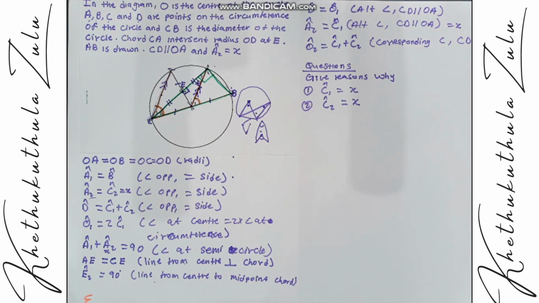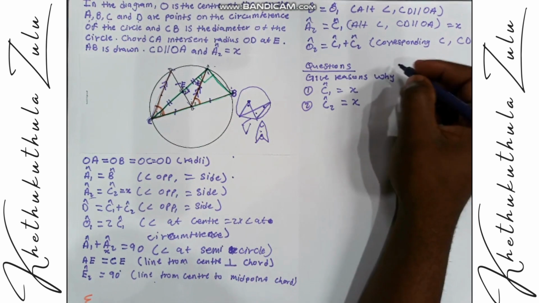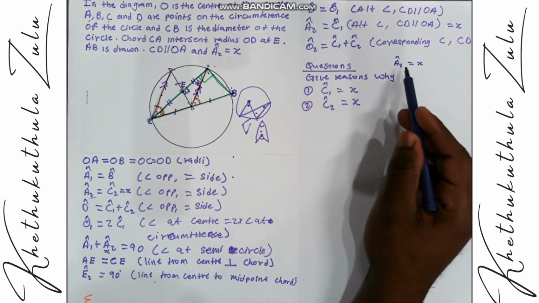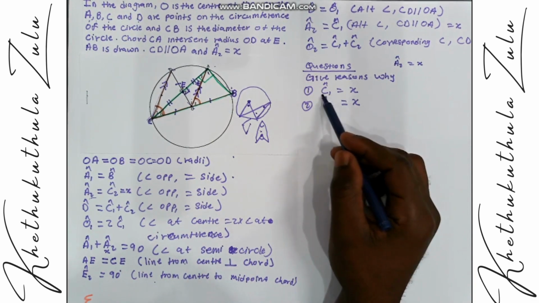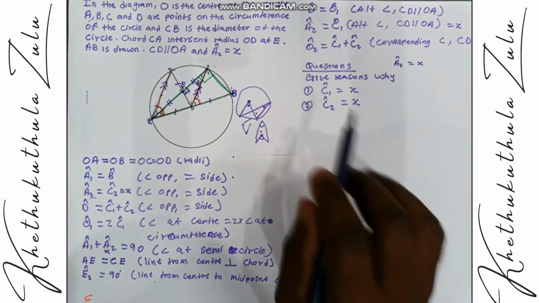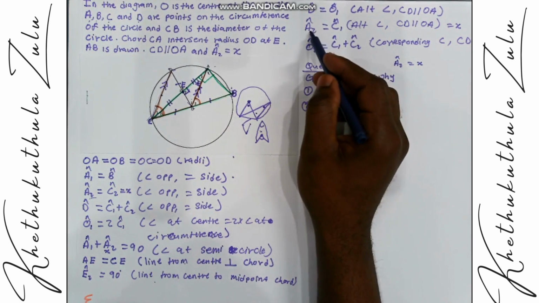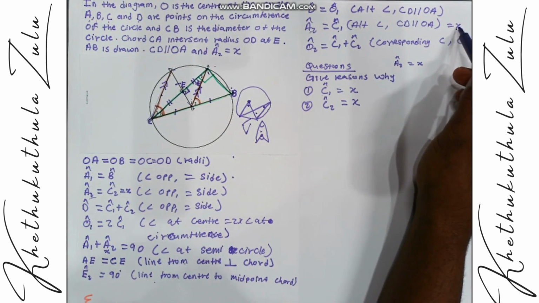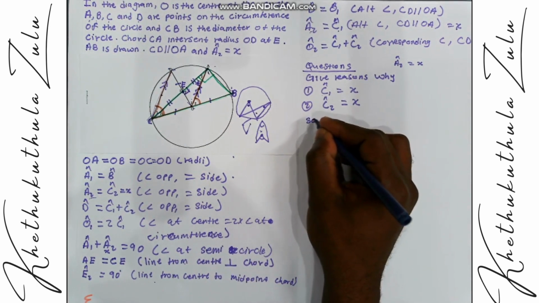The question is saying, give reasons why C1 is equal to X. They told us that A2 is equal to X, so everything has to be connected with A2 being X. So they are saying, with reasons, tell me why C1 is equal to X. From the things that we have done during analyzing our diagram, we know that A2 is equal to C1, where A2 is equal to X. From what we analyzed before coming to the question. So now from here, solutions.